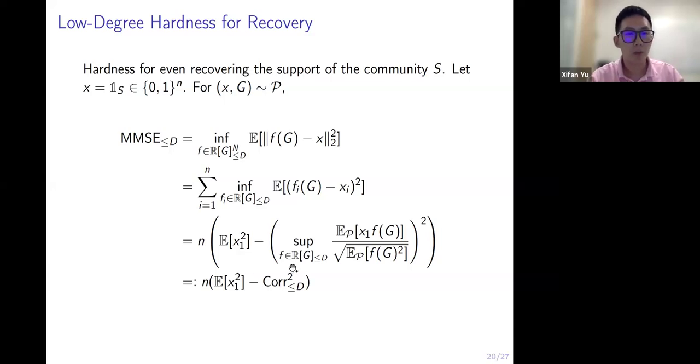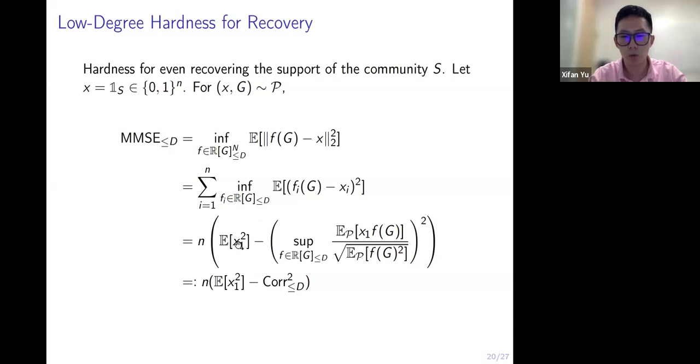Let X be the indicator vector of S. For X and G jointly drawn from the planted model, the low degree MMSE can be written in the following way, where we first use the symmetry over the coordinates so that we can split the expectation into a sum over each individual coordinate, and by symmetry, they are equal to the expectation for the first coordinate.